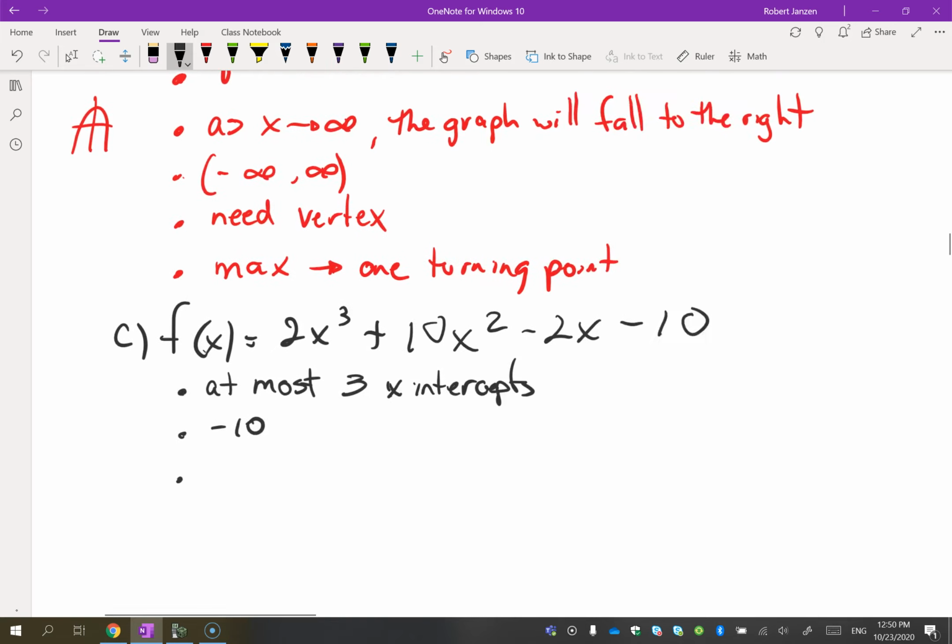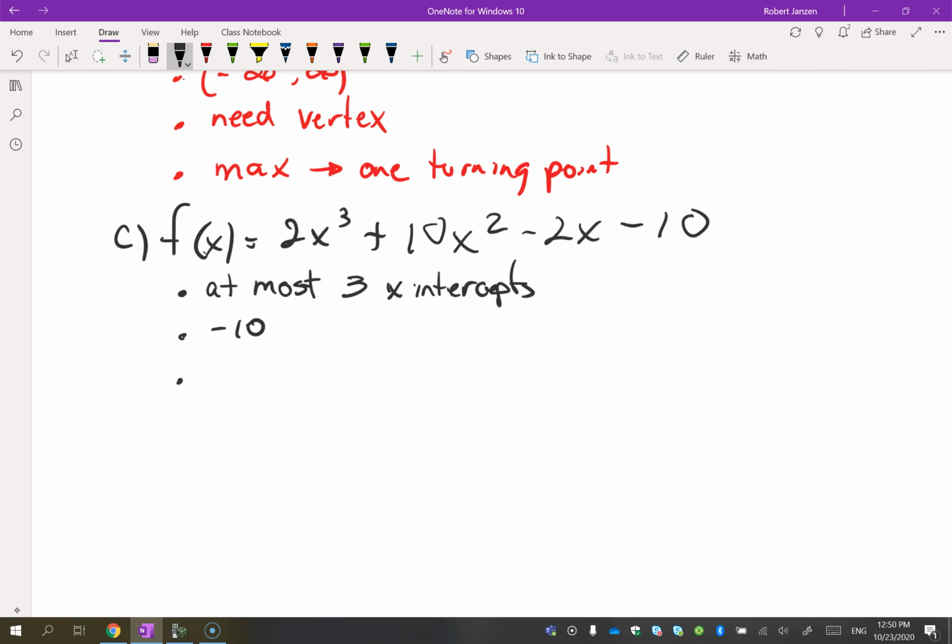Okay. What's the end behavior? Well, it has a positive x cubed. So as x approaches infinity, the graph will rise to the right.